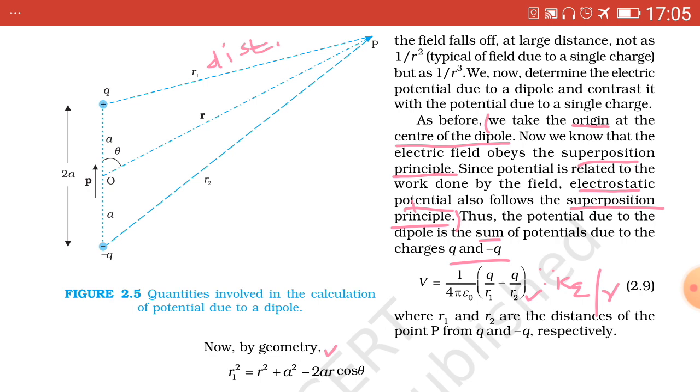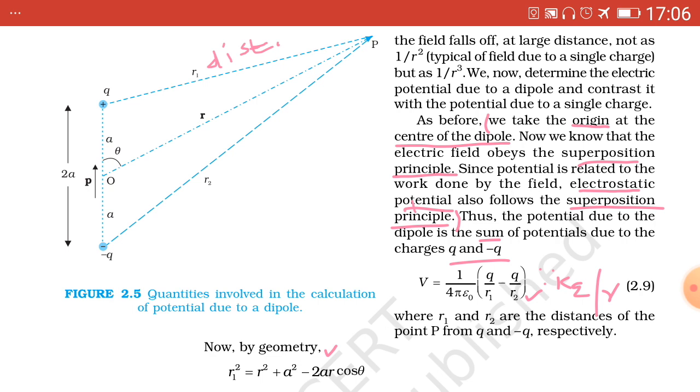As the electric field obeys superposition principle, electrostatic potential also obeys superposition principle, and hence the sum of potentials due to charges q and minus q will give the potential due to the dipole.